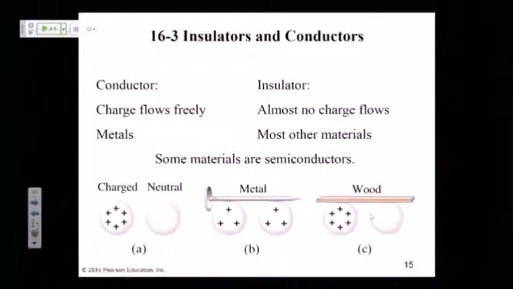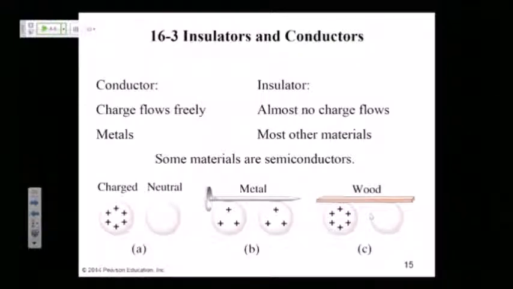We move on with this understanding to learn about materials. From the electric point of view, usually we categorize materials into 3 main categories. If a material allows electricity to flow from one object to another, say this is a charged object and this is a neutral object, and you use this metal nail between them, then charges can flow from the charged to the neutral.